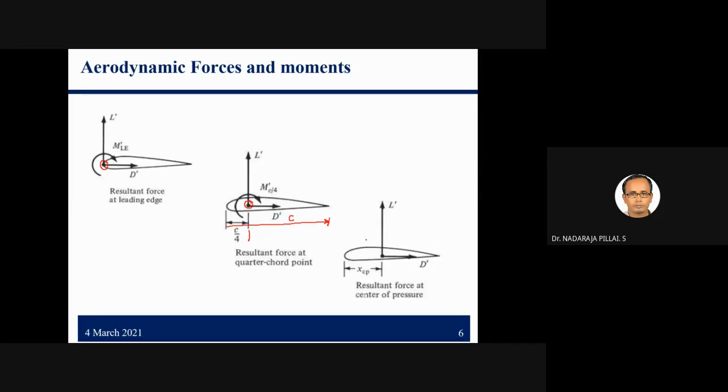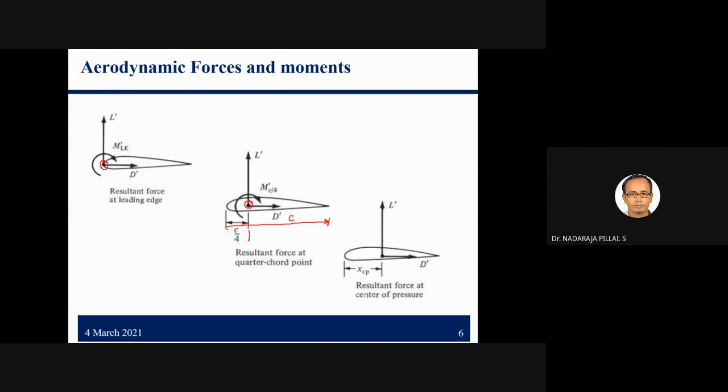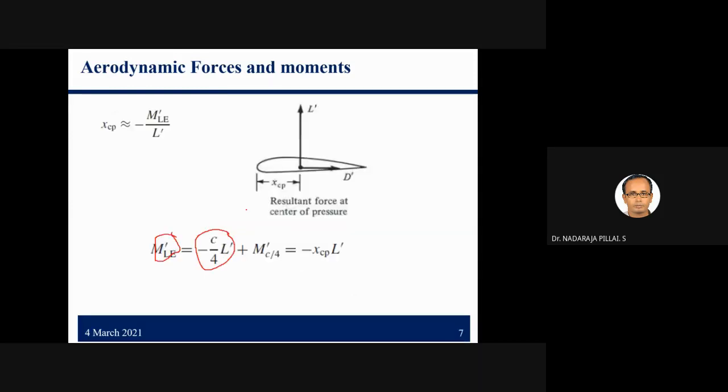Now, how can we write this equation? Moment about the leading edge. The moment about the leading edge can be written as C by 4 into L dash, right? This C by 4 into L dash, and the moment about the quarter chord point.